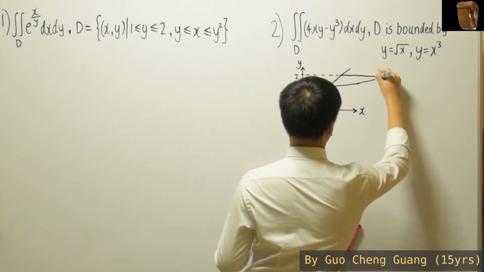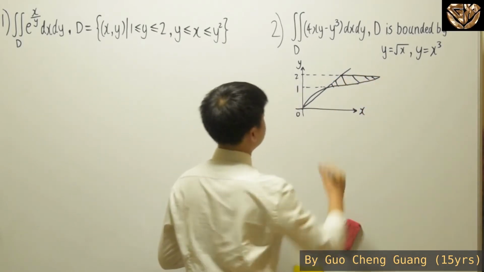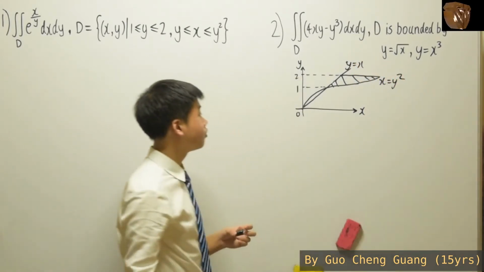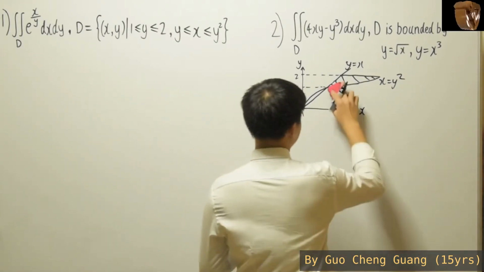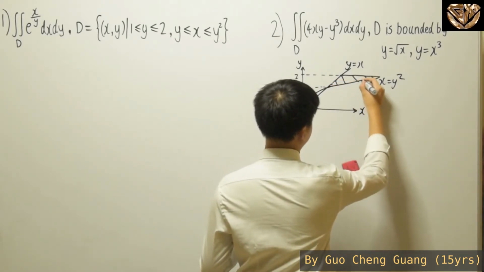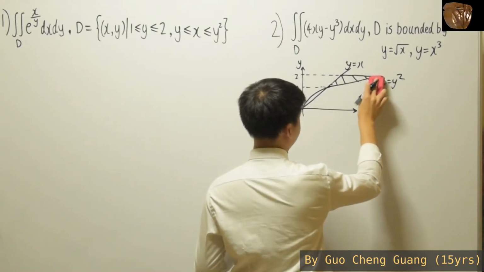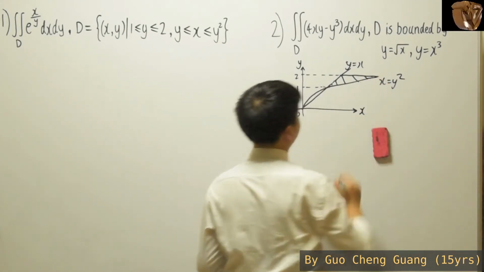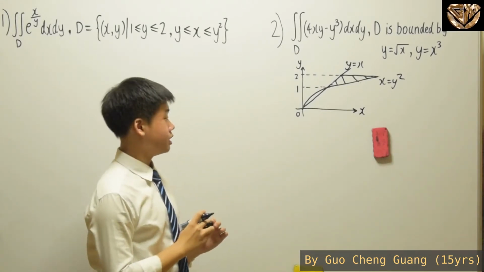Then you will see that this is the region. This is y is equal to x and this is x is equal to y squared. That is the area that we will have, and this will be the region you will be seeing.